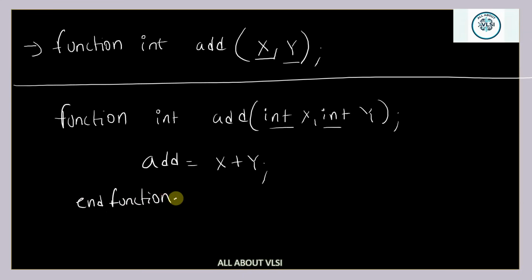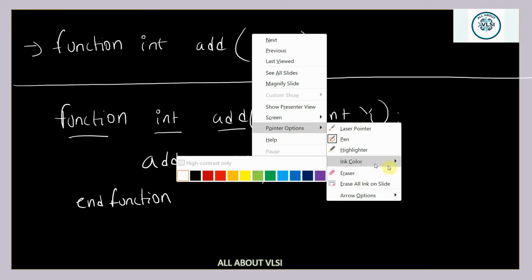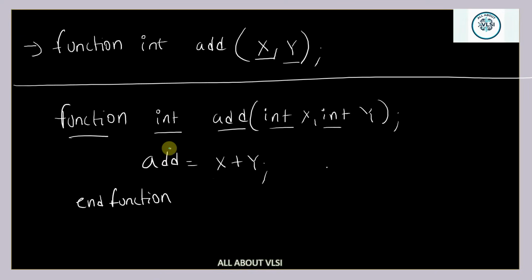Simple. This is how you declare a function: function, return data type, add is my function name, int x, int y are my arguments, and I've written add is equal to x plus y, followed by end function. Here, if you carefully observe, I am using my function name as my variable, and I can store the result x plus y into this particular variable.